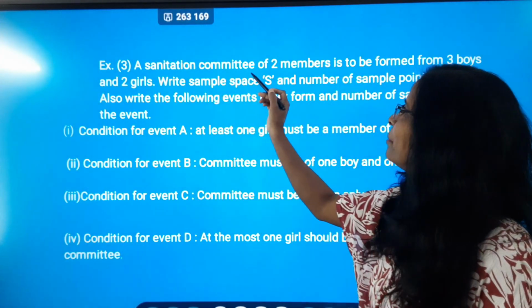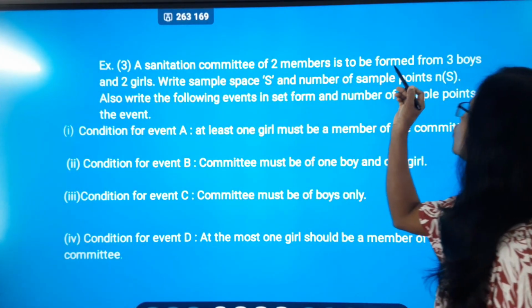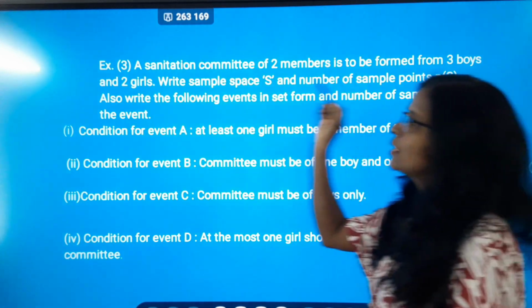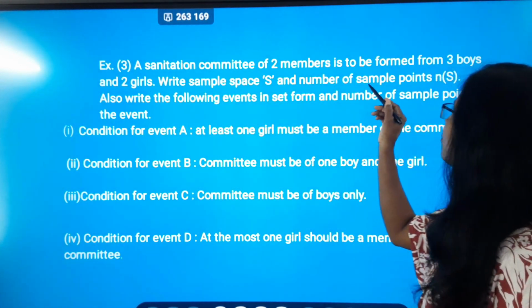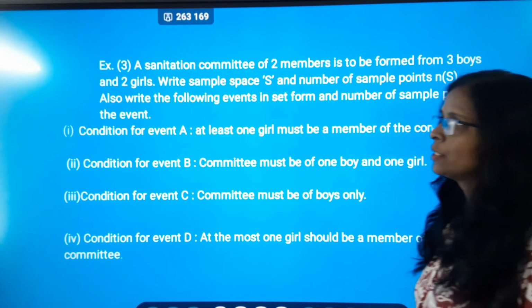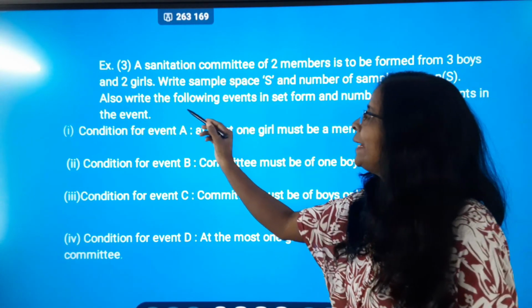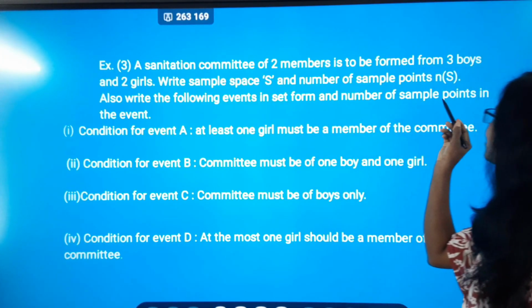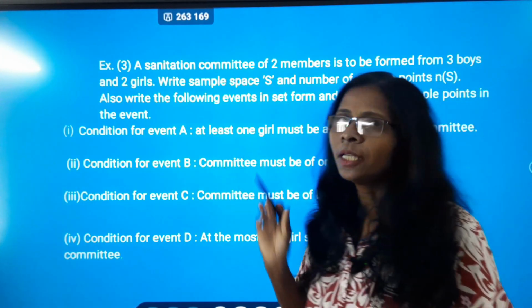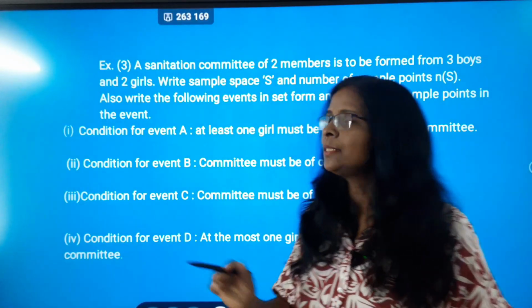Third example, students. A sanitation committee of 2 members is to be formed from 3 boys and 2 girls. Write the sample space S and the number of sample points n(S). Also write the following events in set form and the number of sample points in each event.